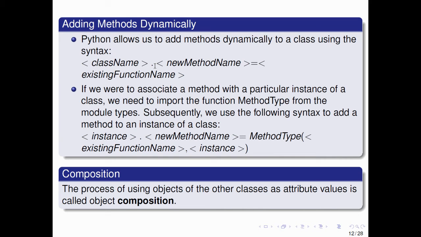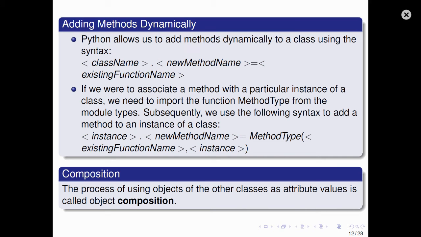Suppose we want to add some more, like if it's a student, then you can add percentage marks. So Person.percentage equals percentage, in that way you can add percentage. You may define a new function or method.